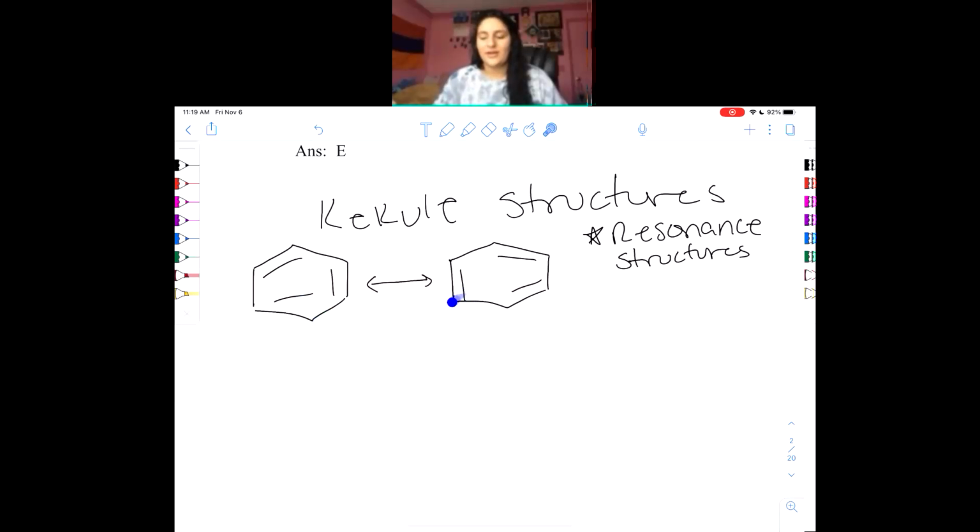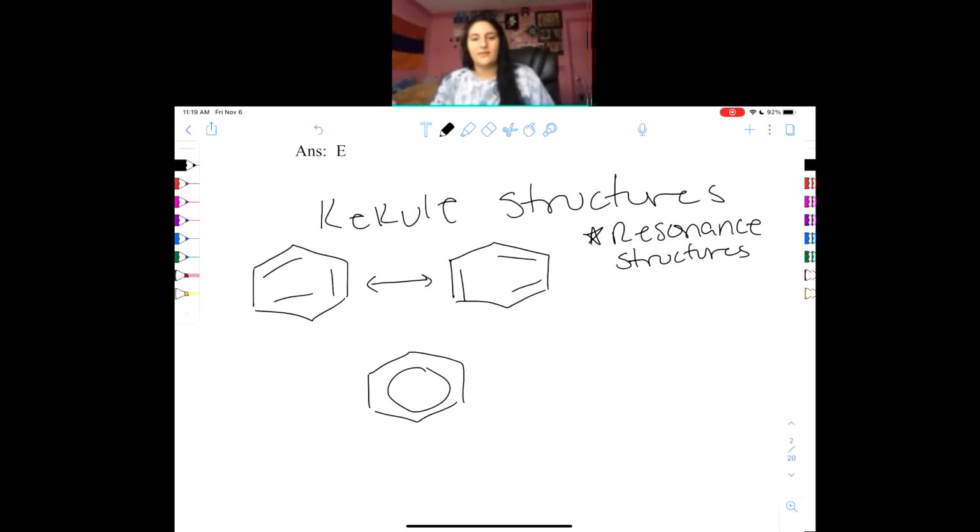So you know he's talking about these two. And you know that neither one is technically correct because in reality, all of these electrons are completely delocalized around the ring. And it's not going to be stuck in these specific positions. Those are just ways to depict it.